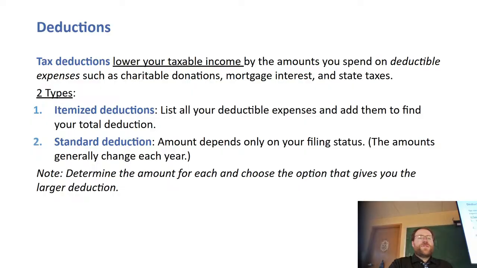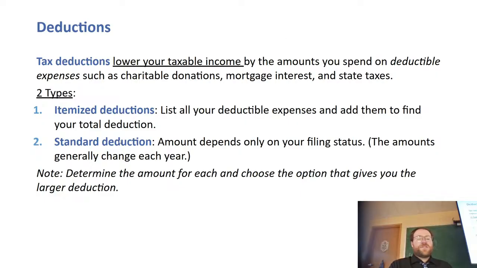Tax deductions lower your taxable income based on certain things that everyone is allowed to deduct. So anything that you give to charity, you can pretty much deduct that. Any type of mortgage interest, you're allowed to deduct that, and state taxes.